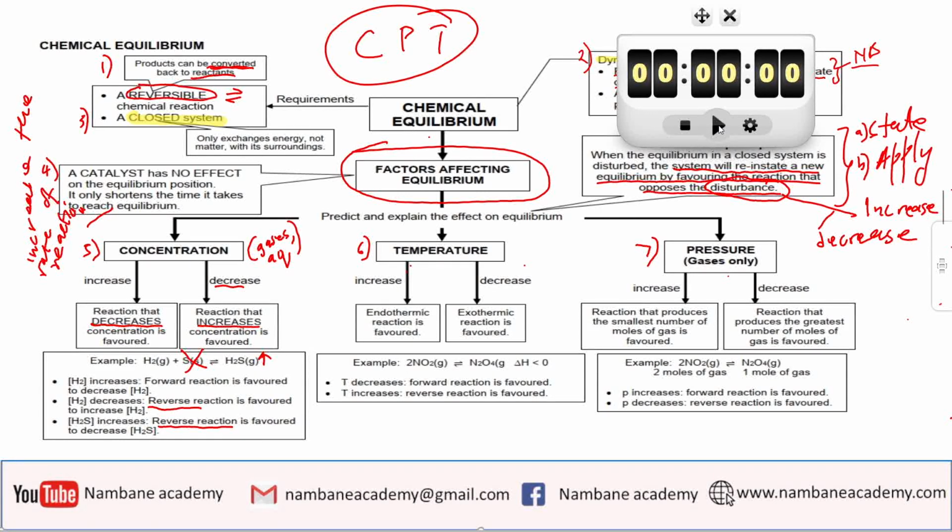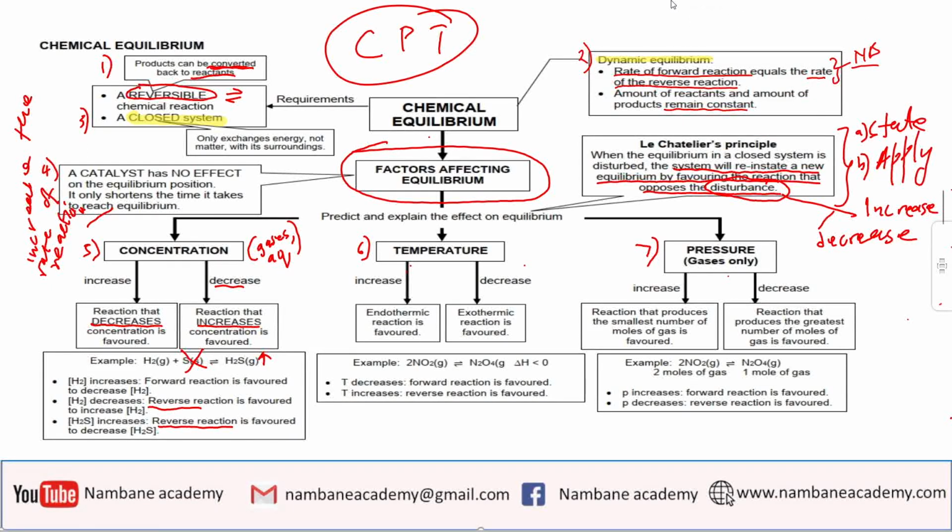Thank you very much. I don't see any hands. It basically says now the explanation is straightforward and clear. Let's go to temperature. We said a disturbance can be increased or decreased. So in this instance, when we increase temperature, endothermic reaction is favored.